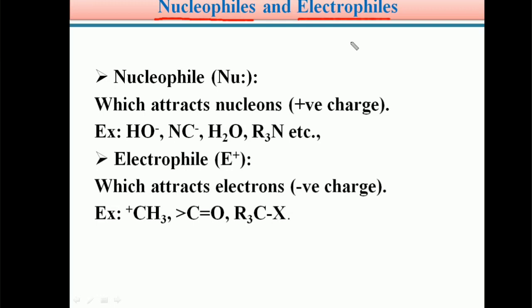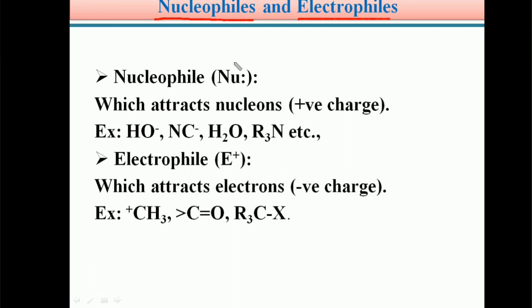Electron deficient nature means it has fewer electrons than the octet configuration, or some portion of the substrate molecule has a positive charge. So that is called the reactive site.